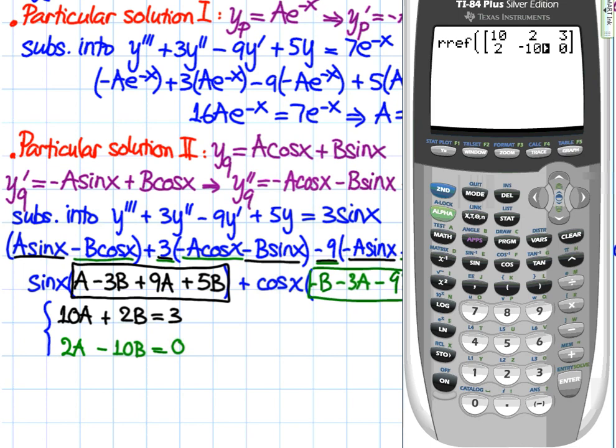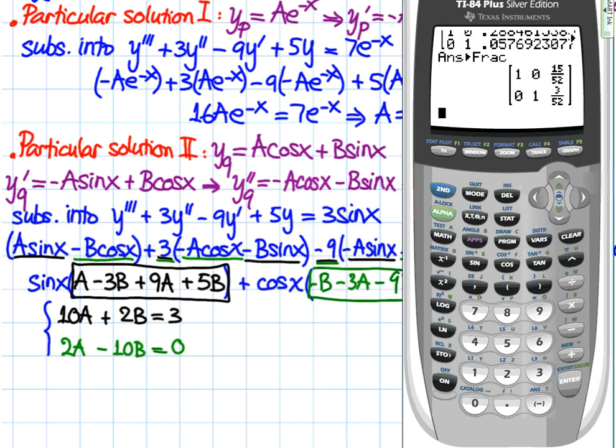The negative, not the subtract sign. This is the subtract, and we're not using that. Equal to 0. And we hit enter, and we have the solution. We convert that into fraction.